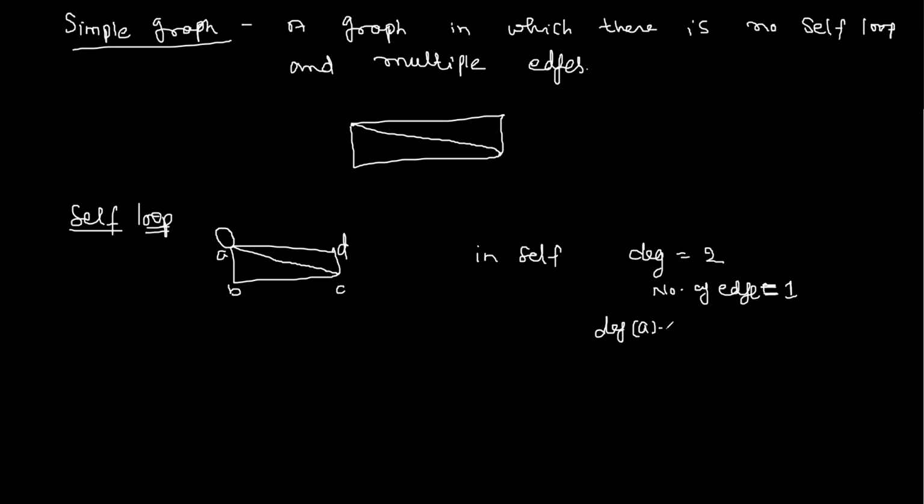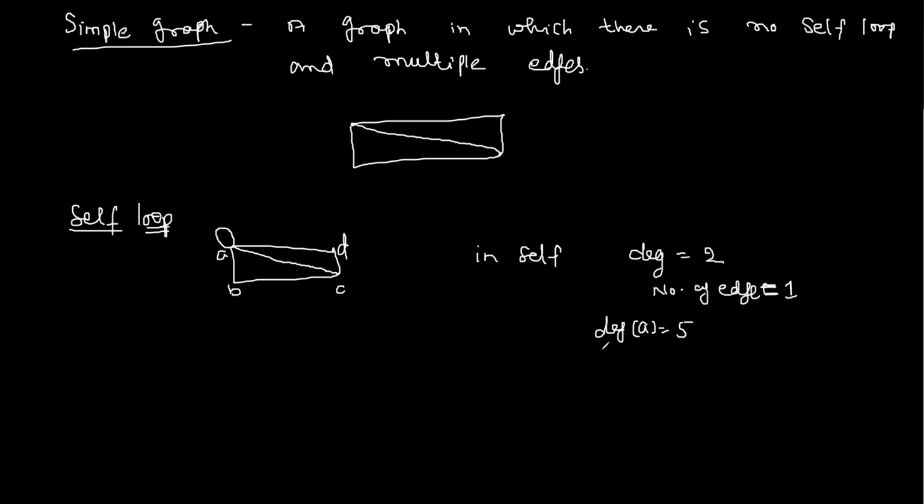Very good. Degree of A is 5. Why? Because 3, and it is a self loop, that's why you have to consider 2. And if it is directed, then one is outgoing and one is incoming. Understood? Because this is a self loop, one is the out degree and one is the in degree. In that case also, 2 is there.